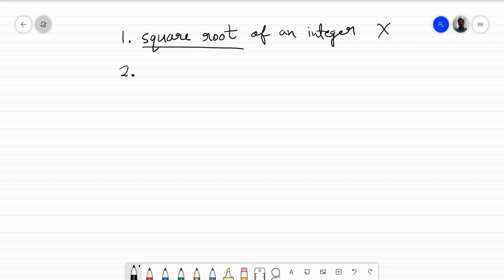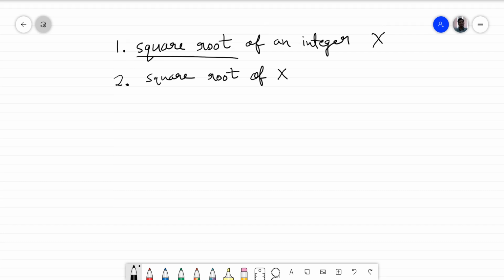Square root of x is 1 less than the first number that you encounter as you go from 0 forward, 0, 1, 2, 3 and so on.